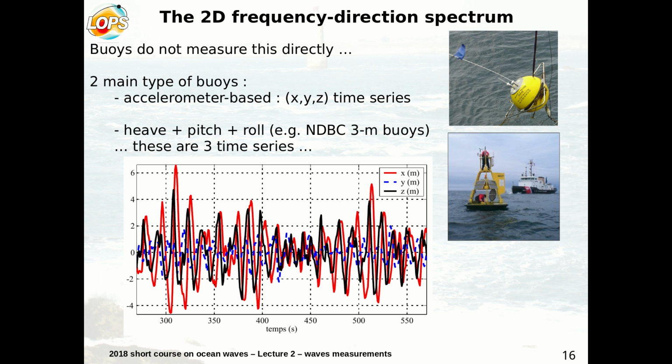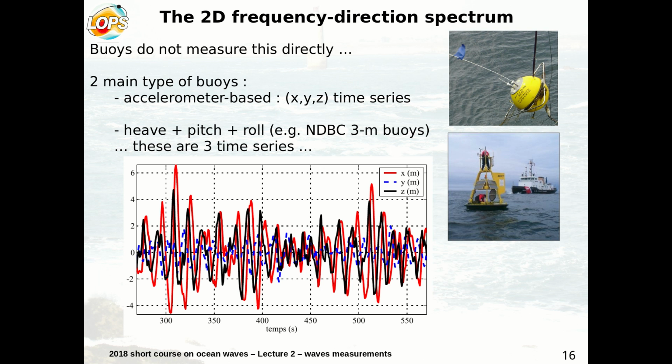So this phase shift here tells you the wave propagation direction in x, but also the phase propagation direction in y. And here you can see that the y is much smaller than the x, which is telling you that if you look at it from above, you have the buoy, which is doing something like this, oscillating. So you have x and y.